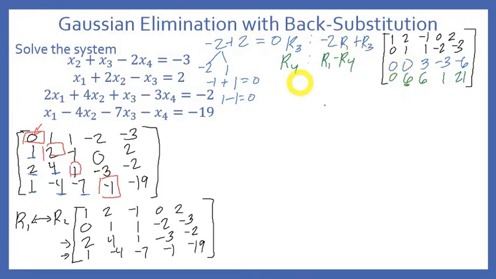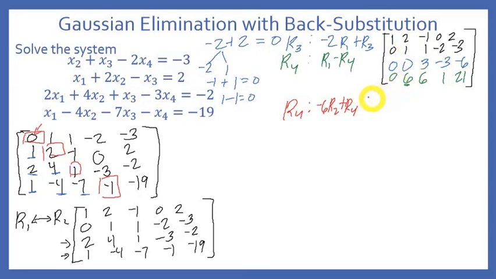So let me just change color. Again, my row 4 would be, now to change this to 0 from 1, I'm going to use this leading one here. I'm going to use the same pattern that we would have here. So that means I'm going to have negative 6 times row 2 plus row 4, because negative 6 times 1 is negative 6 plus 6, and that gives me 0, which I need.